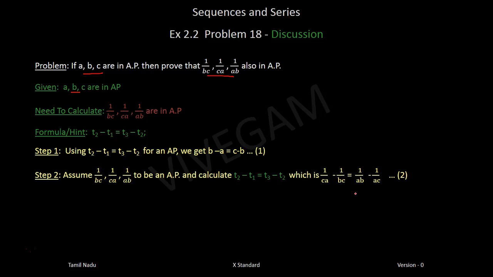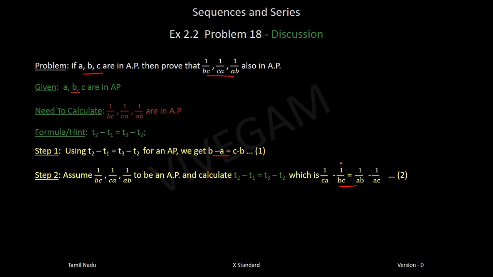So if this is an AP, then this will be true. What we need to do is simplify this equation and see whether that reduces to this equation, because this is true. They have told us it is an AP, which means this equation is true, but this we need to check whether it is true or not.